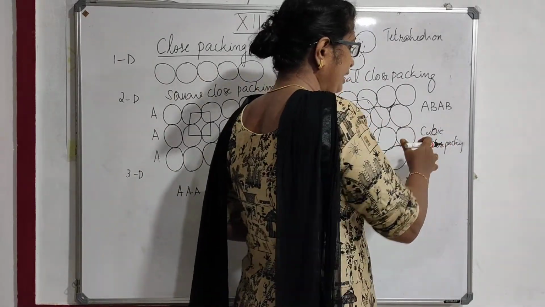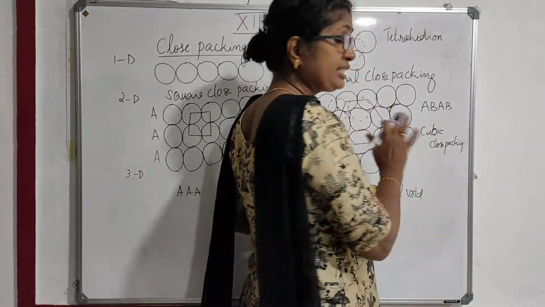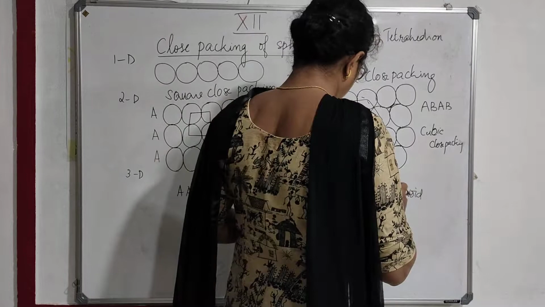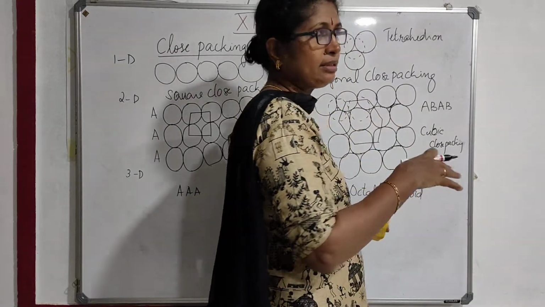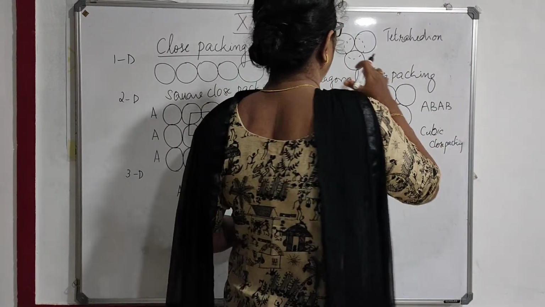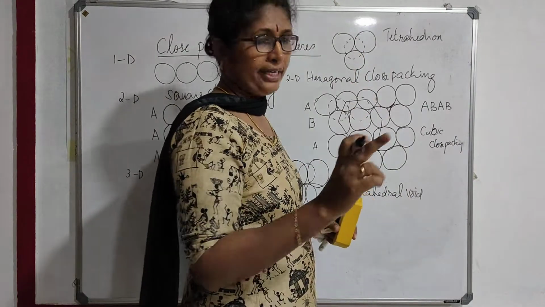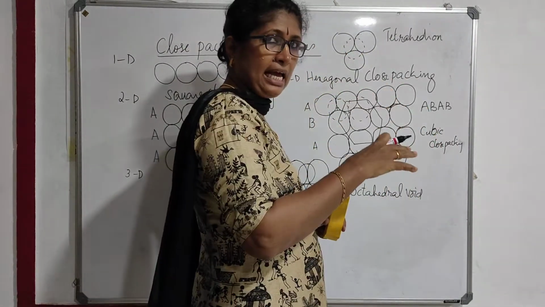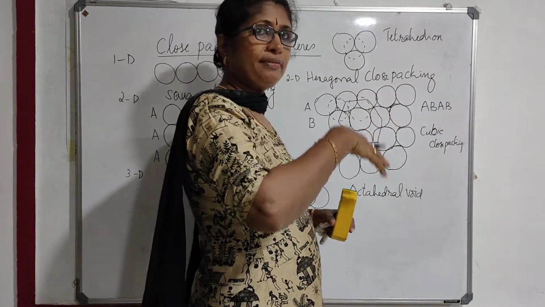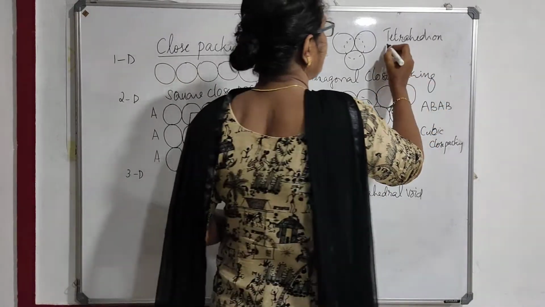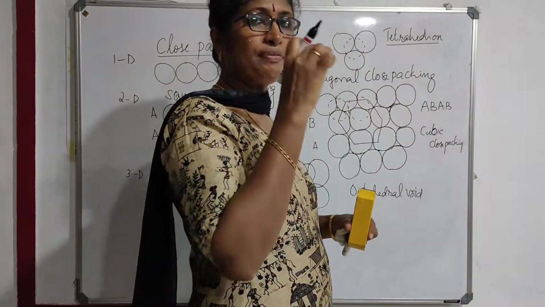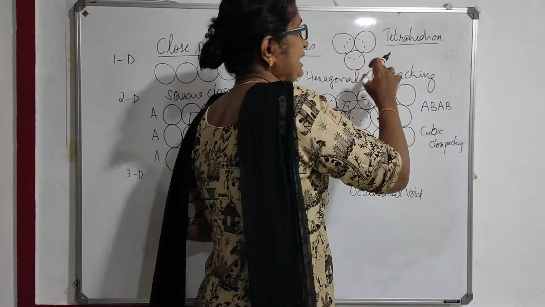Now adile nammal endha parayunnathu cubic, such type of close packing is called cubic close packing. And when you do such 3-dimensional way, we get 2 different types of voids. If the trigonal voids of the first layer is closed by the spheres of the second layer, we get tetrahedral void, because if you connect the centers of the spheres, then we get a tetrahedron.